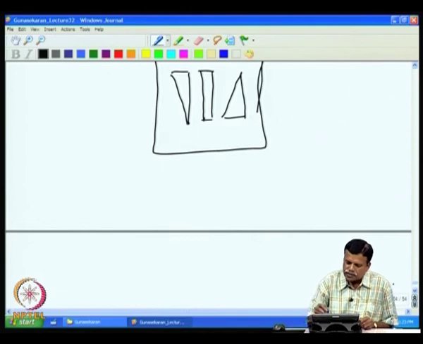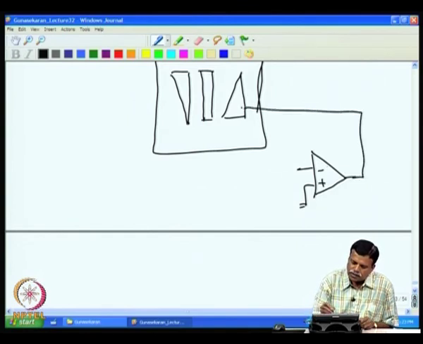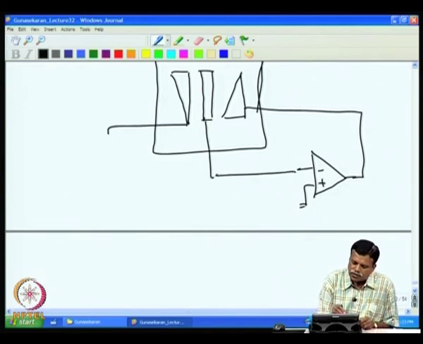So, the amplifier is connected like this: you have an amplifier, then a ground here. Now, the output minus is connected to this, then the sense electrode is connected to the amplifier, and this is connected to the source.